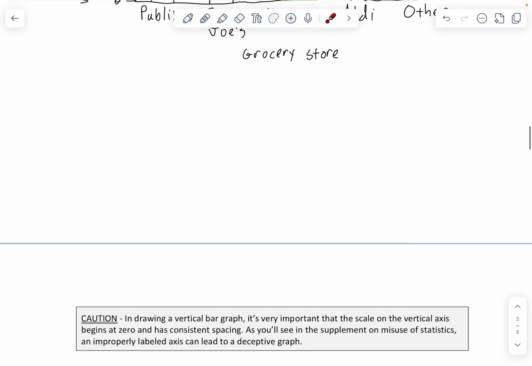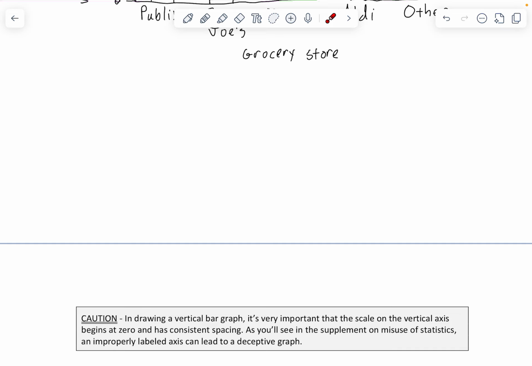Okay, let's see. Word of caution here in drawing a vertical bar graph. It's very important that the scale on the vertical axis begins at 0 and has consistent spacing. There is a section in your book, kind of a supplement on misuse of statistics.